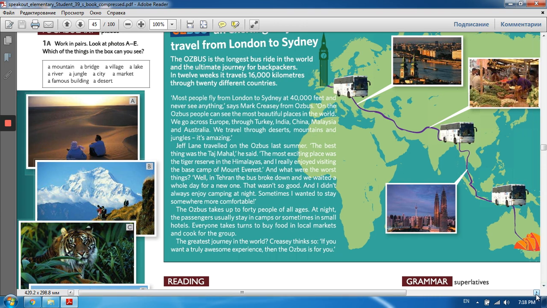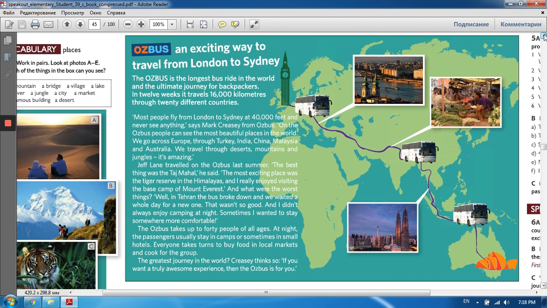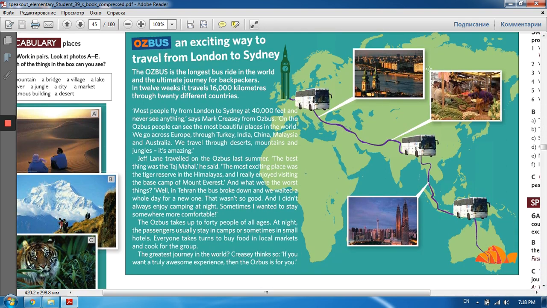So, you see here a text, and the name of our text is Ozbus, an exciting way to travel from London to Sydney. So I think that we may have here words which can be unknown for you. Let's look through them. Let's say here ultimate.